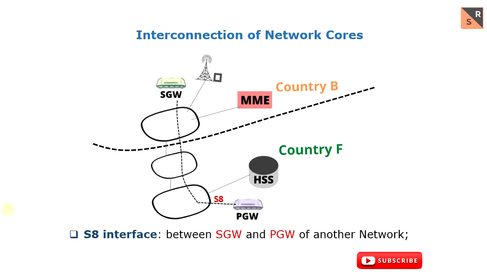That doesn't change between country B and country F. However, in one of the possible implementations, the S gateway will communicate with the P gateway of my originating network. Here, it's an interface that is slightly different from the S5 interface between the S gateway and the P gateway of the same network. The S8 interface is between the S gateway and P gateway of different networks.